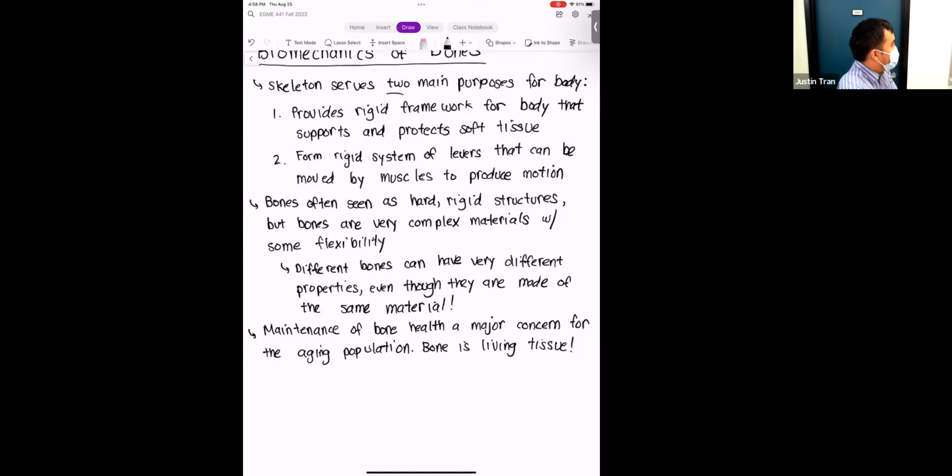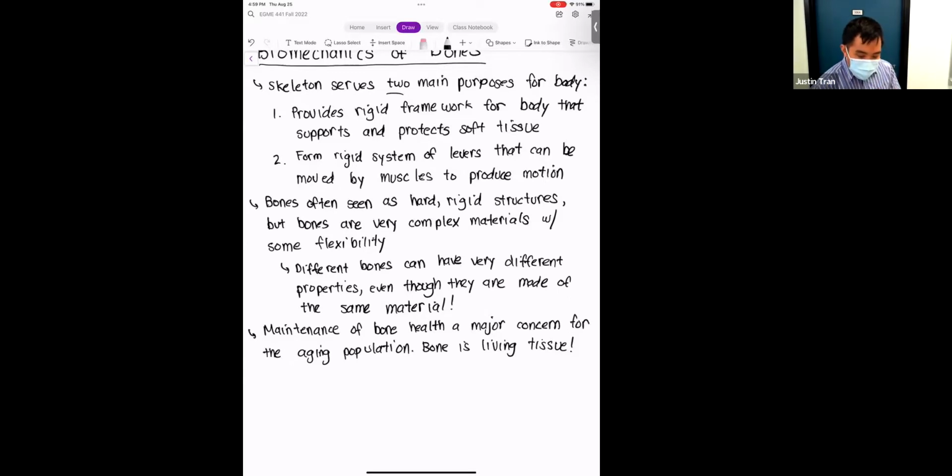By the time you get old and have crappy bones, there's really nothing you can do about it at that point, because it's not something that happens suddenly as you age. It's a collection of habits that you form throughout your entire life. So taking care of your bones is a lifelong process, and unfortunately you don't really realize how bad your bones can be until it's too late.